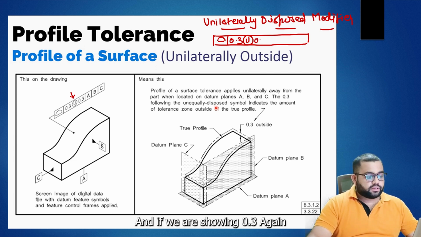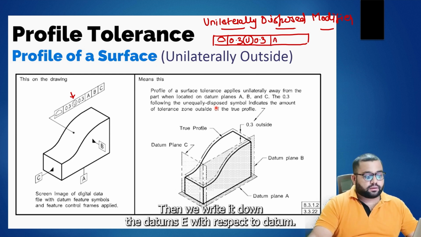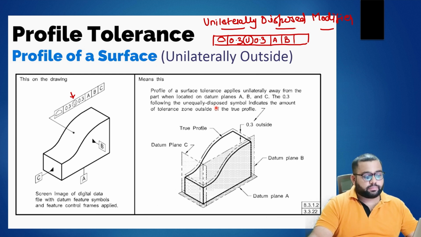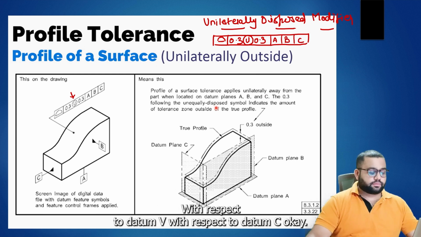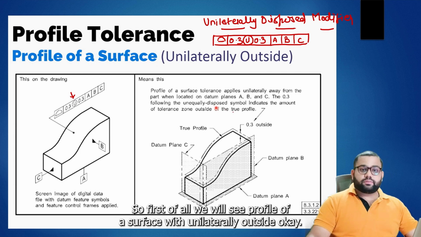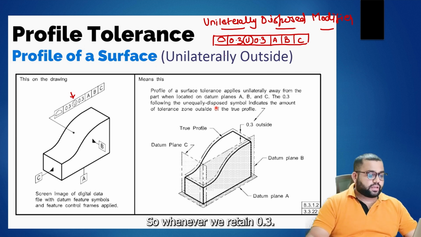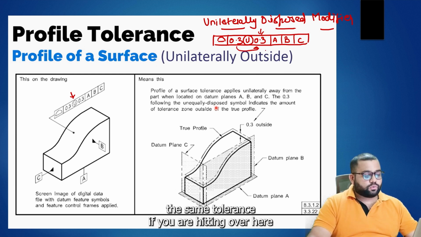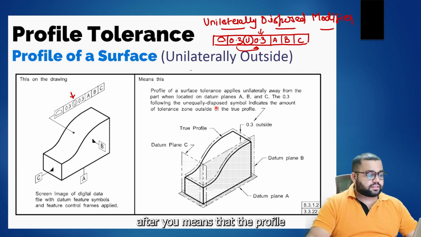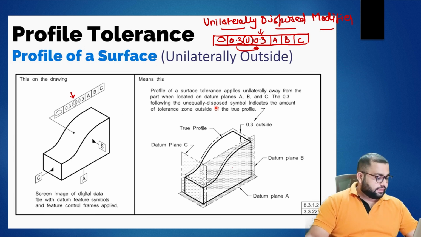If we show 0.3 mm after it, it means the tolerance is outside the part. Then we write the datums: with respect to datum A, datum B, datum C. So first of all, we will see profile of a surface with unilaterally outside. Whenever we write 0.3 mm after U, it means that the profile is unilaterally outside.